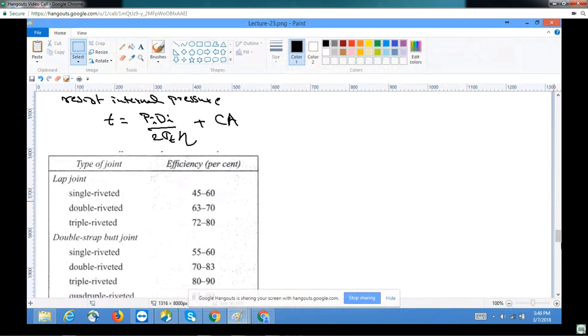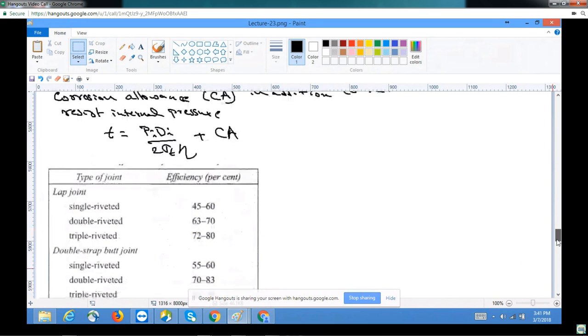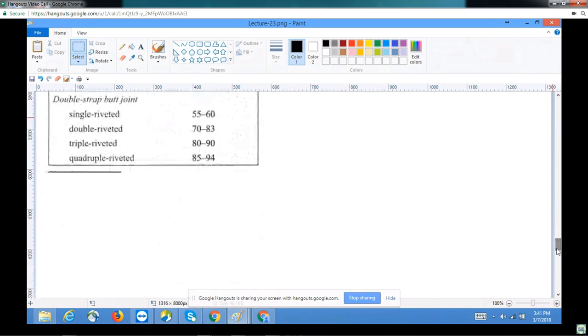For a lap joint, single riveted, people take it somewhere between 0.45 and 0.6, whereas a double strap butt joint, which is triple riveted, can be taken as 0.8 to 0.9. Based on the corrosion allowance, in this formula you add a certain additional thickness compared to what is needed to resist the internal pressure.